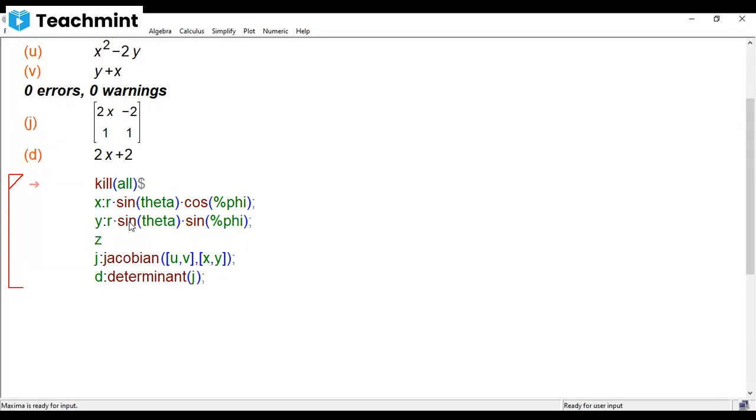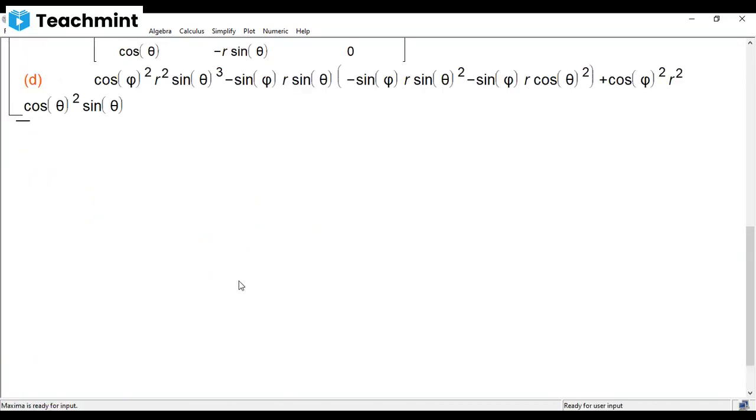And z is assigned with r into cos theta. Now, your dependent variables are x, y, z. And what are the independent variables? Your independent variables are r, theta, phi. Right? So this gives you the required Jacobian.